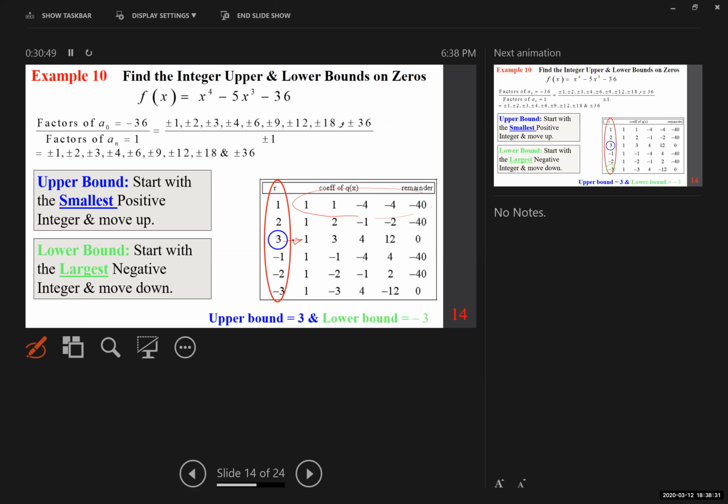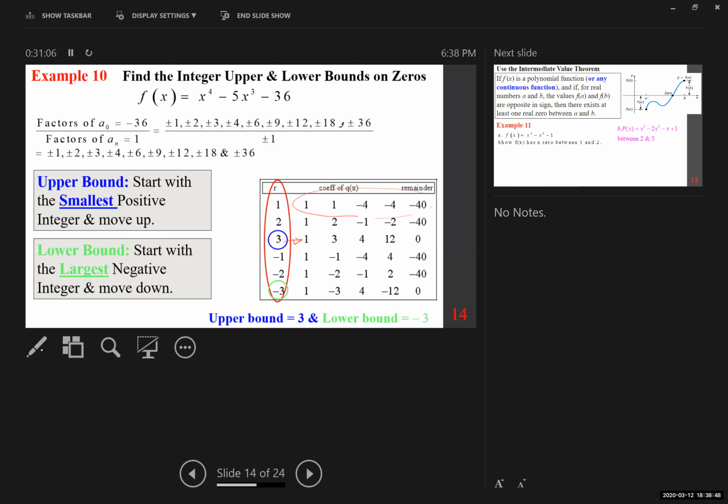Now, as far as the lower bound is concerned, do you see what happens, for example, with negative 1? Let's look at negative 1 just as an example. Okay, didn't work. I messed it up. Isn't that the case?